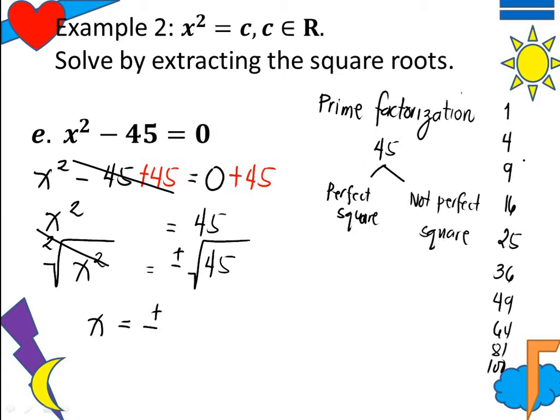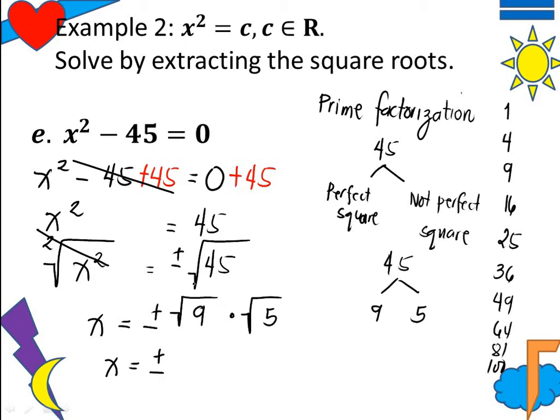And that is 9. So, a factor of 45 is a perfect square, that is 9. 45 divided by 9 is 5. This means the factors of 45 are 9 times 5. So, we have a perfect square which is 9 and a non-perfect square which is 5. So, the value of x is equal to positive, negative, square root of 9.